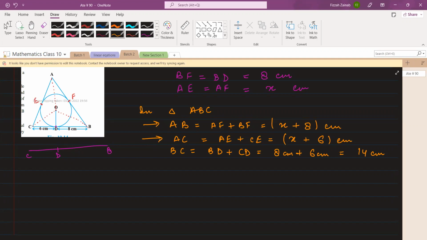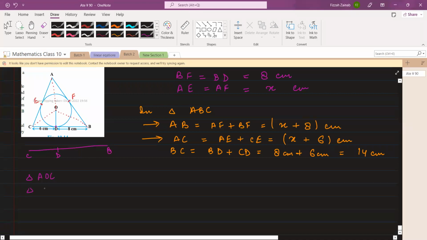So what I will do in this question is, we can break this into three triangles. One is triangle AOC, triangle AOB, right? And triangle COB. Is that okay? Yes.